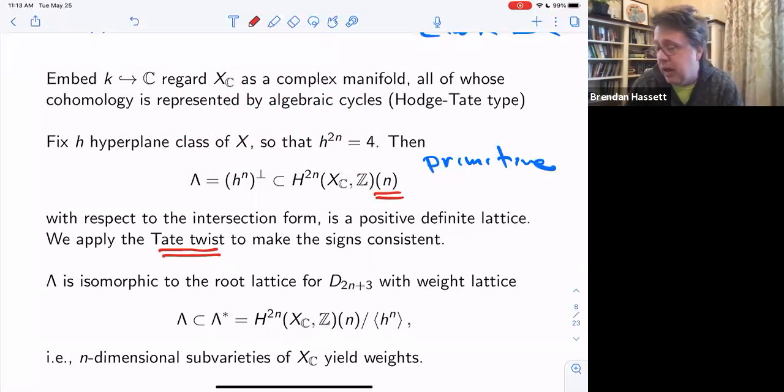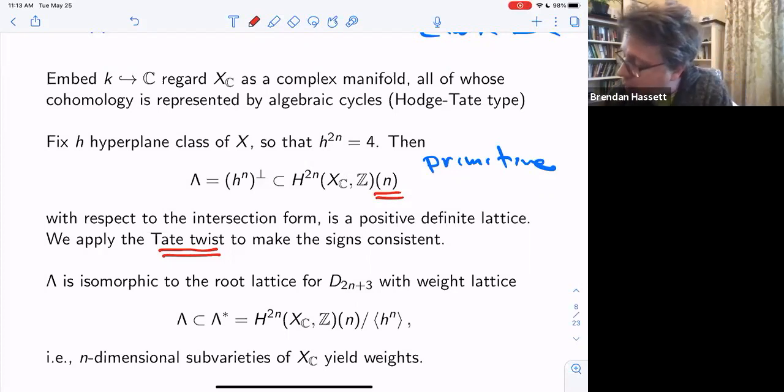I know that for a quartic Del Pezzo surface, a complete intersection of two quadrics in P4, the natural sign on the intersection pairing is negative definite by the Hodge index theorem. So I'm really just switching the signs to shift the weight from 2 to 0, so that the intersection form is positive definite uniformly in all these even dimensions. It's basically just to make my life easier from a notational perspective.